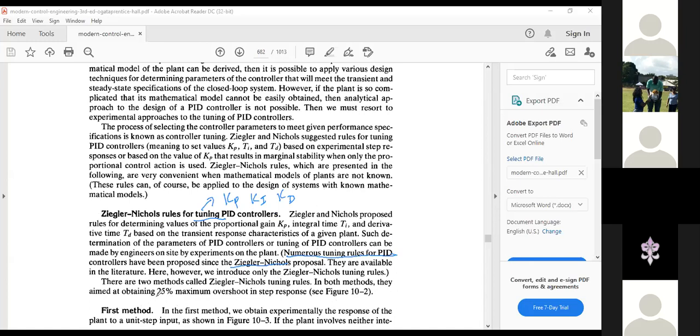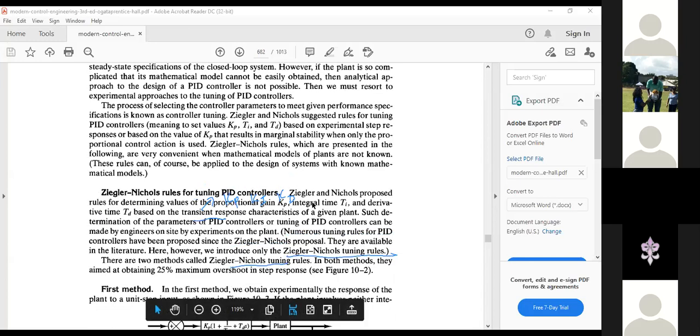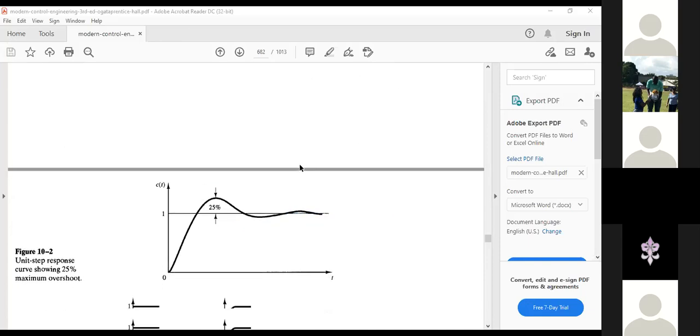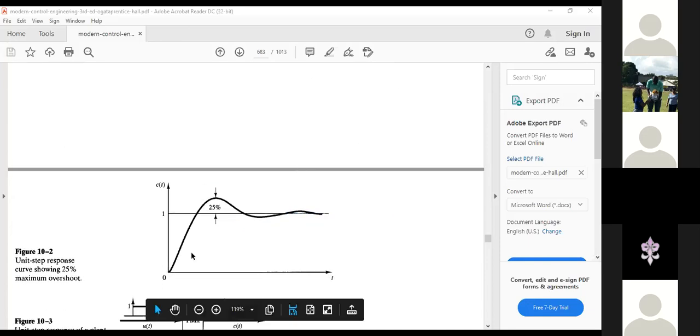Now, the other thing that we need to point out is what is said here, but there's a diagram that says it better. When we tune a PID controller using Mr. Ziegler and Mr. Nichols' method, which we're going to discuss, it will give you 25 to 40% overshoot.